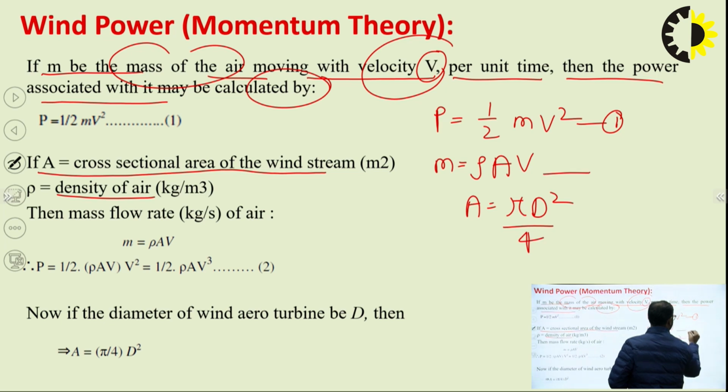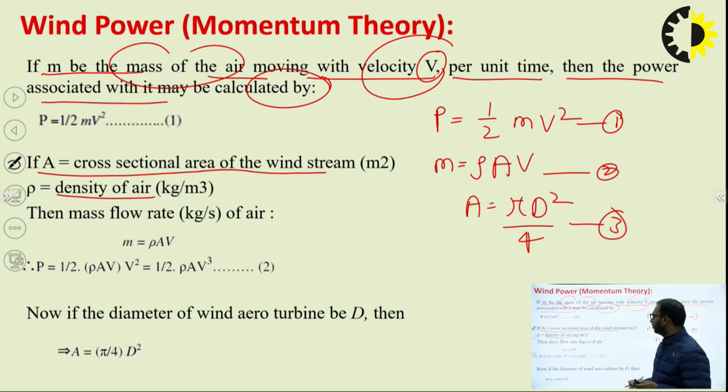This is equation number 2 and this is equation number 3. Here rho is the density of air in kg per meter cube, A is the cross sectional area of the wind stream in meter square, V is the air velocity, and D is the diameter of the wind stream.